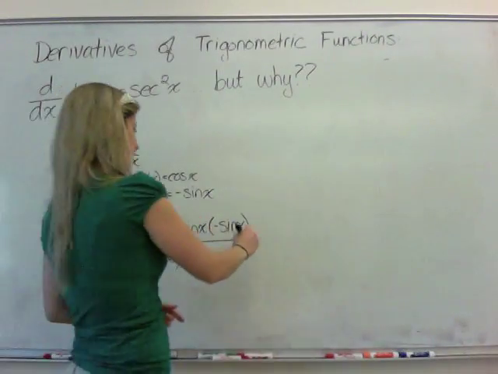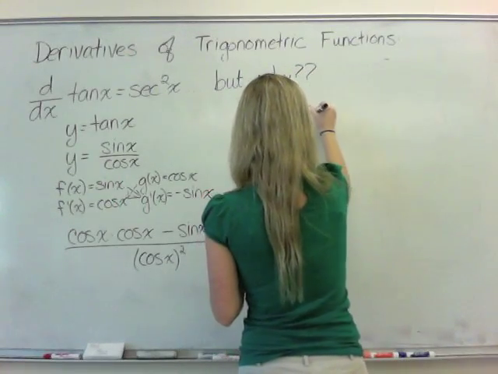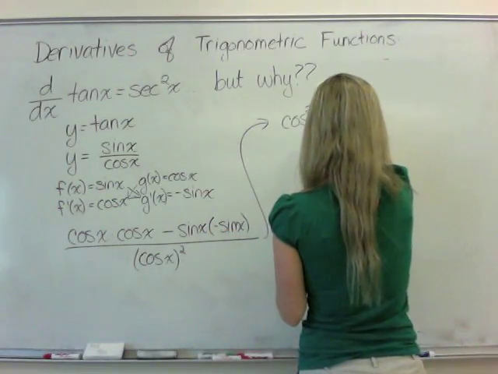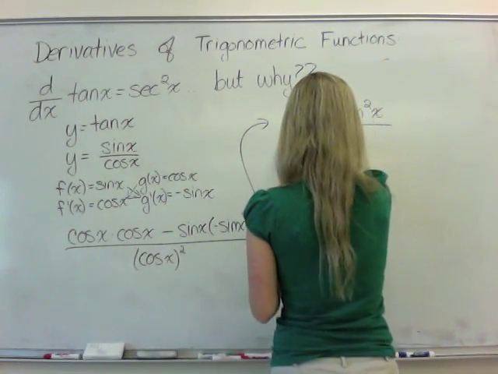Now we're going to come up here, and that's going to be cosine squared x. Then minus sine x times negative sine x, that's going to actually be plus sine squared x, over cosine squared x.